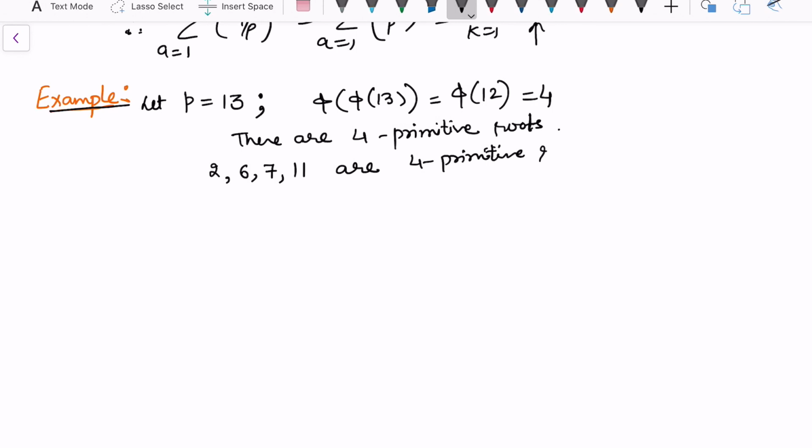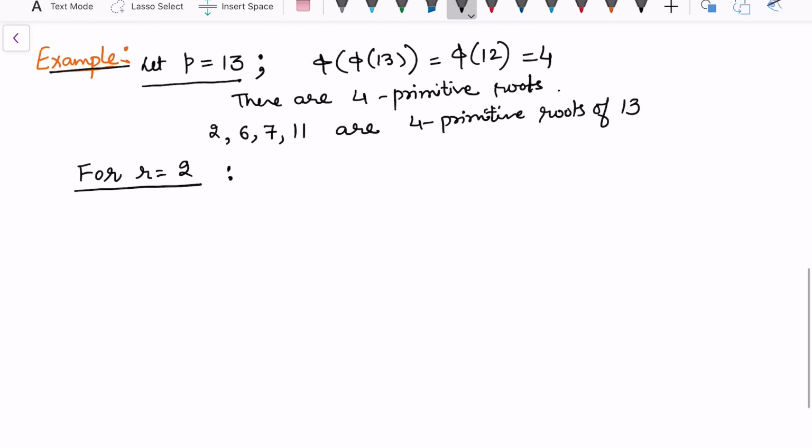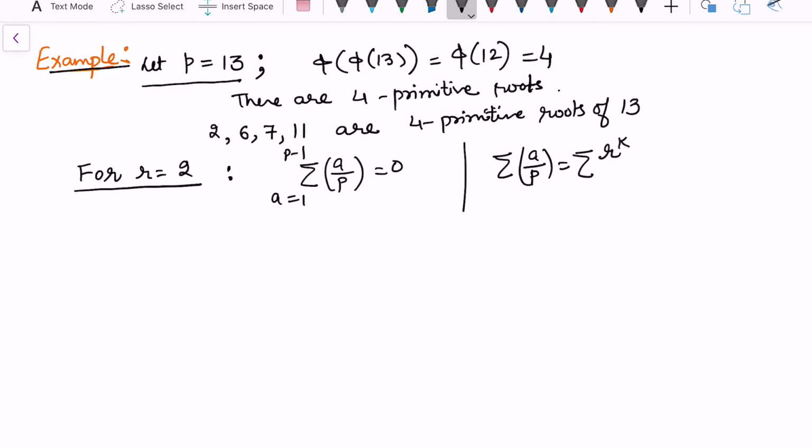Now let me try the above test for one of the cases. Let's take r equal to 2. Let's consider a primitive root, and we know what the prime is. If I want to apply my previous theorem, it says that the summation of (a by p) is 0 when a runs from 1 to p minus 1. And in that result we have also seen that the summation of (a by p) is the same as the summation of (r to the power k) by p, and this quantity is the same as minus 1 to the power k.